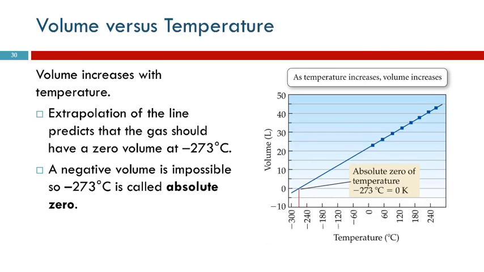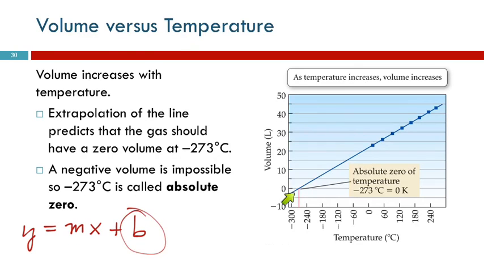When you have the equation for a line, y equals mx plus b, let's write that down. Y, the vertical axis, is equal to the slope of the line times the value on the x-axis plus b, which is the y-intercept. If this is 0, the equation for the line gets much simpler: y equals a constant times x.